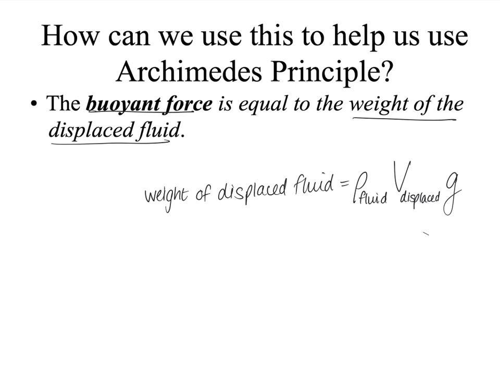If we remember this, it makes it really easy to use Archimedes' Principle. We can always say that the buoyant force is equal to the density of the fluid, this is the fluid that the object is in, times the volume that's displaced. This basically is how much of the floating object is under the water. That will tell you how much fluid has been displaced. And then finally, times g.